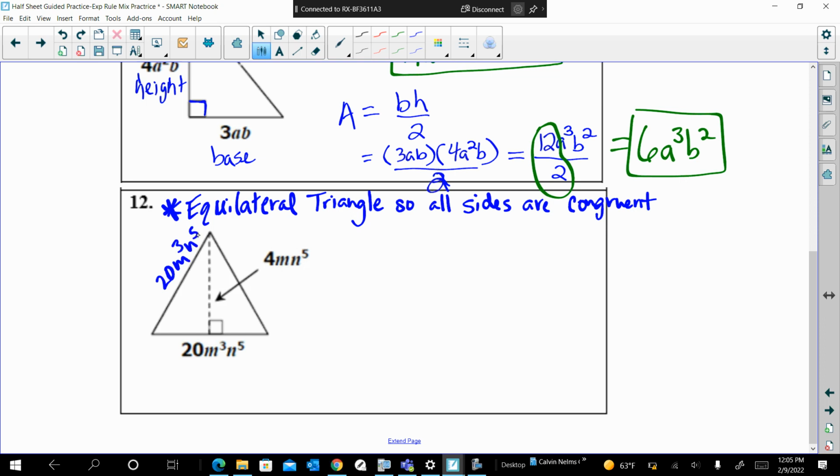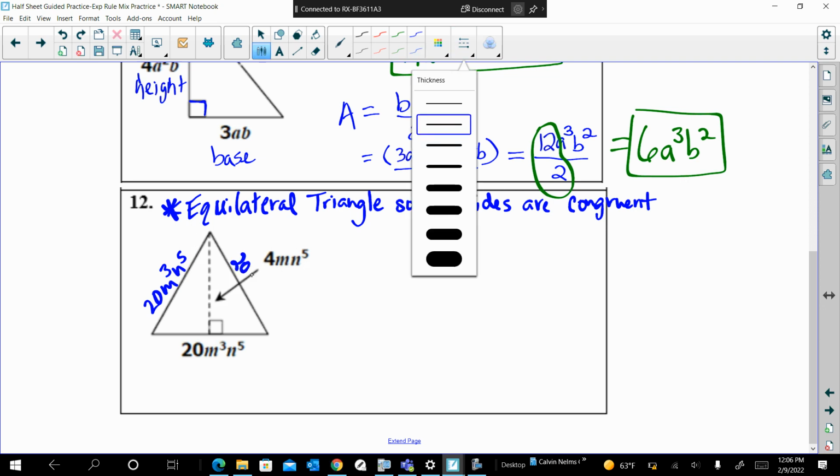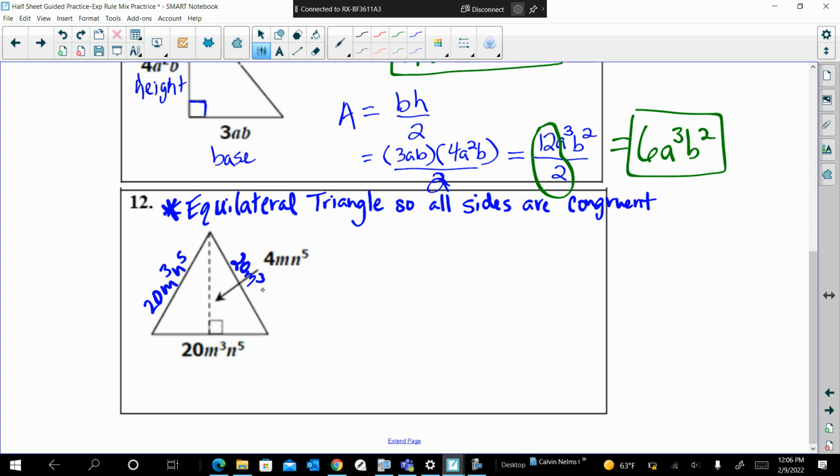Okay. I know that's kind of off. Let me move this, center this a little bit. There we go. Which means this side over here is also 20m cubed to the fifth. All right, so if they're all the same measure, the same expression, then for the perimeter I would just say 3 times that 20m cubed to the fifth.